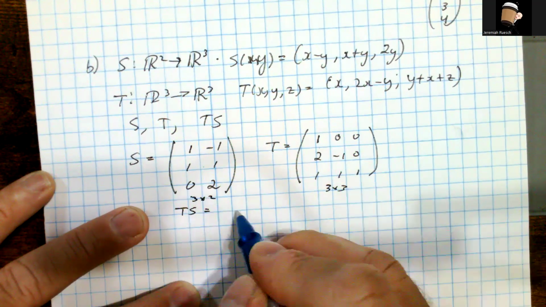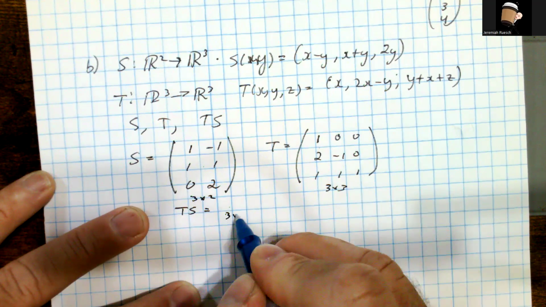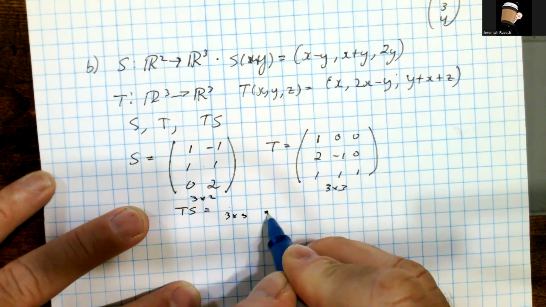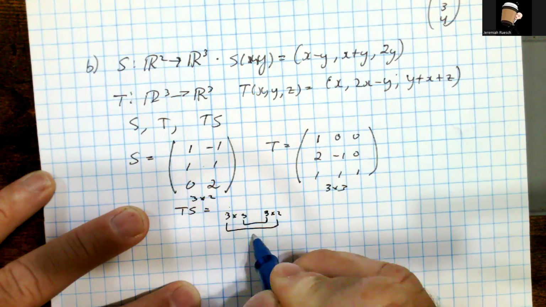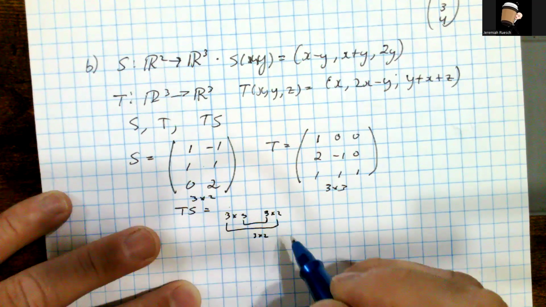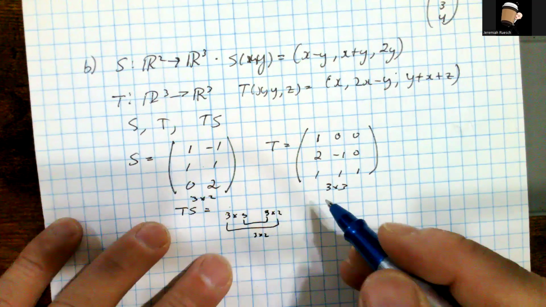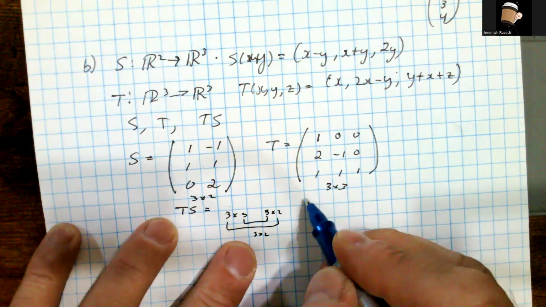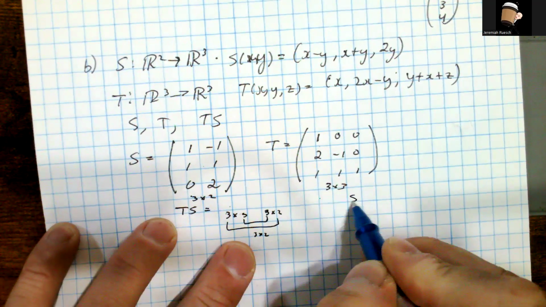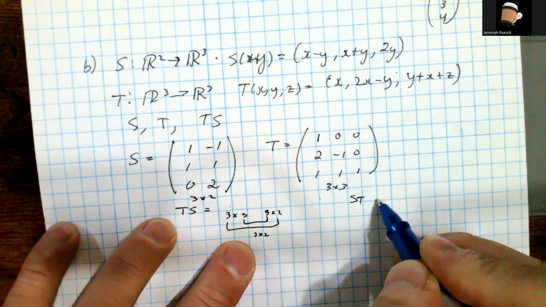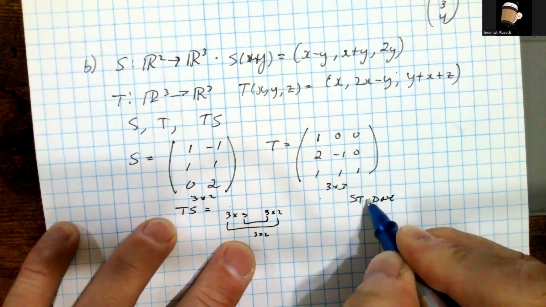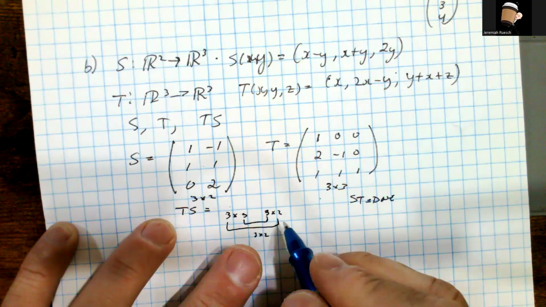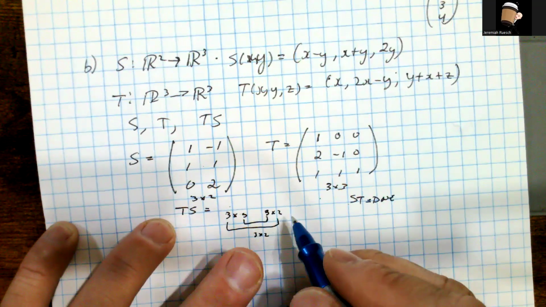And so the product of a 3 by 3 and a 3 by 2, since those are compatible, is going to produce a 3 by 2 matrix. So it is compatible, which is good to note, or you should note that ST is not a composite matrix. This does not exist. Do you see why? Based on the dimensional analysis, it should be clear.